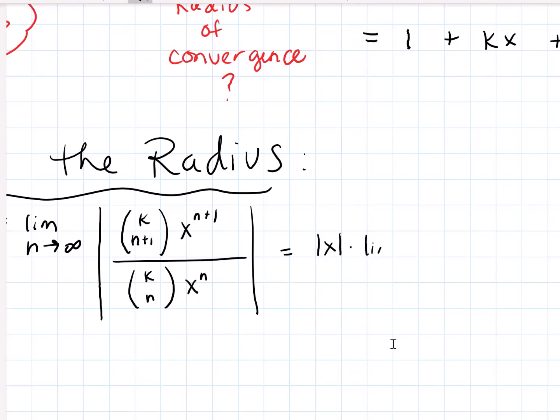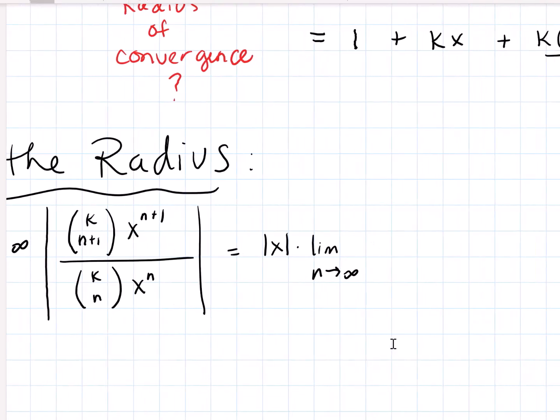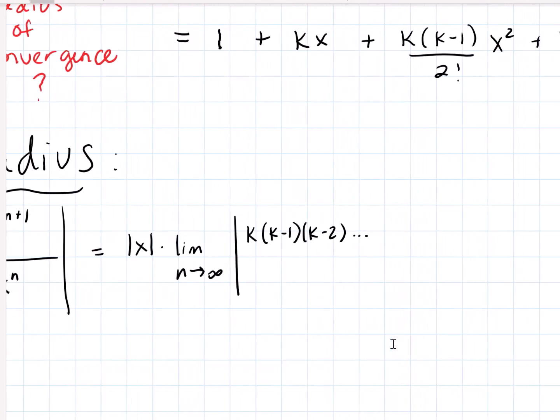And then the k choose n plus 1, so let's do this part first. That is going to give me k times k minus 1 times k minus 2 out to k minus n plus 1 plus 1, which, by the way, will become just k minus n, all over n plus 1 factorial.